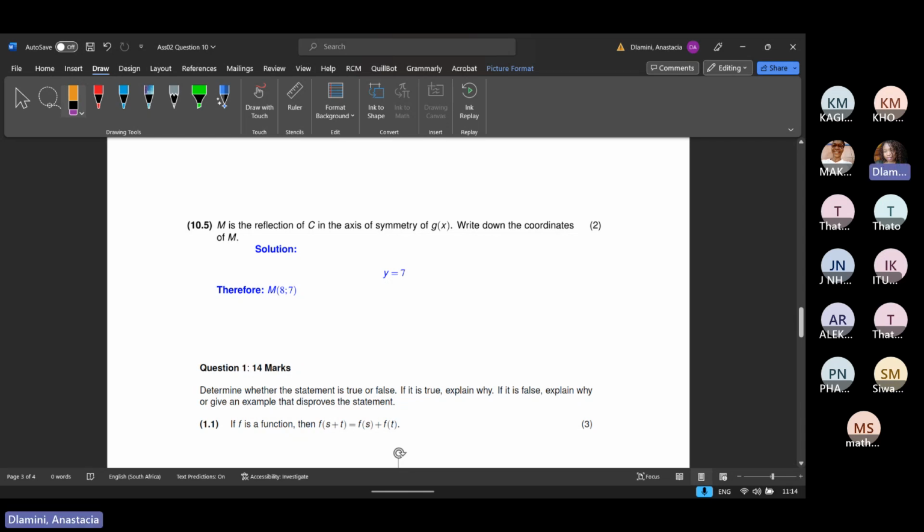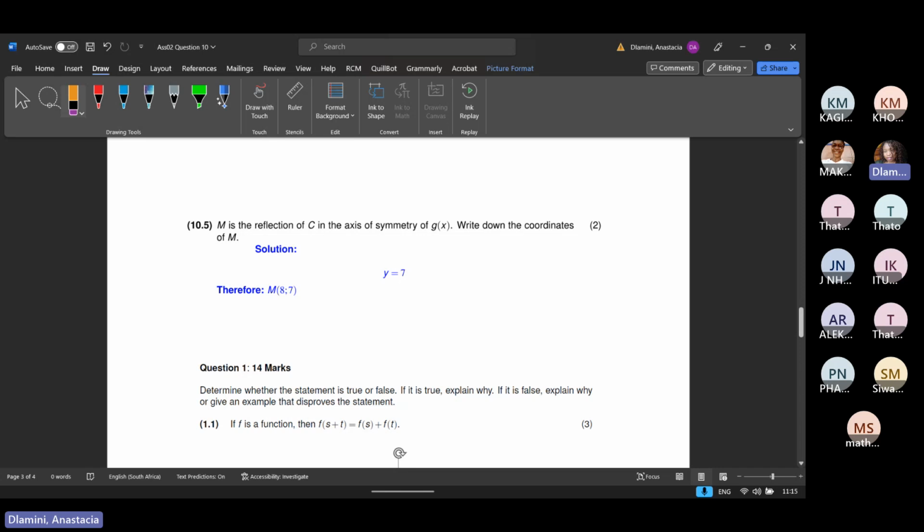Remember what I said. If you are given a statement and you are supposed to say whether it's true or false, you look for an example that disproves the statement. If you cannot find an example, which we call in maths a counterexample, it means that the statement is true. Can we find one example that shows this statement is false?